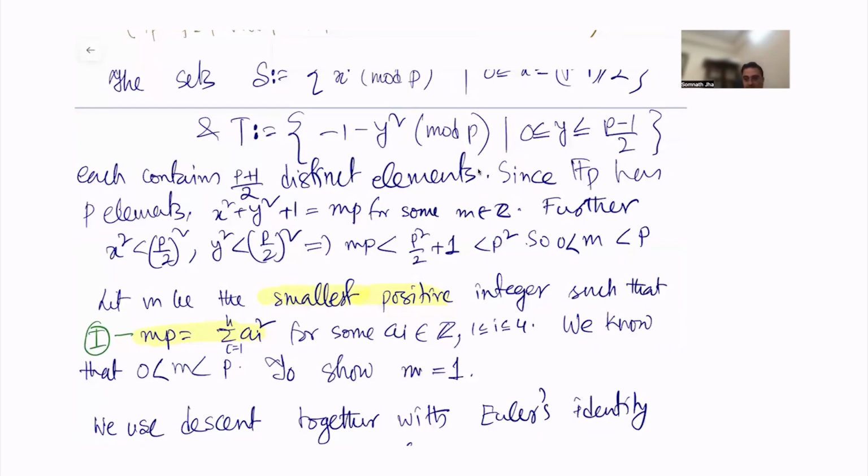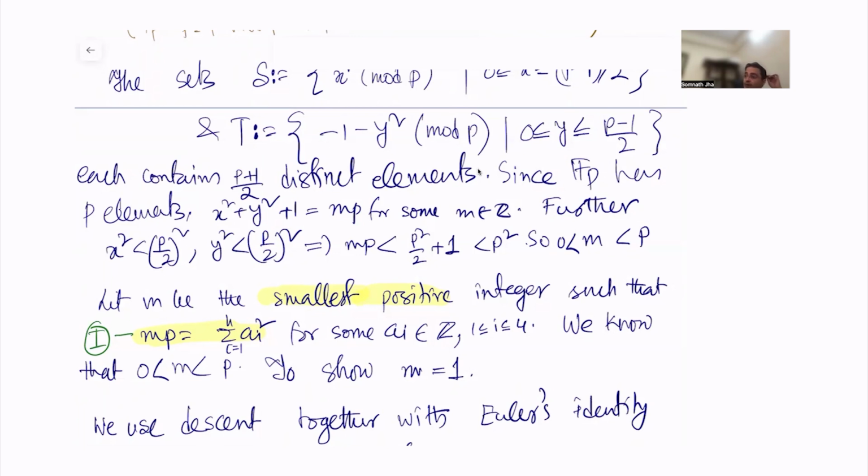That is the strategy, and then you get a contradiction to the definition of m. So again, you do the descent. The idea of the rest of the proof is to do descent. If you choose the smallest positive integer m such that m times p is a sum of 4 squares, I claim m is 1.